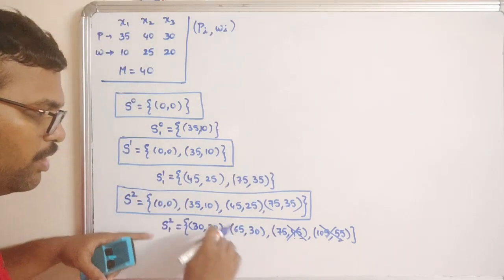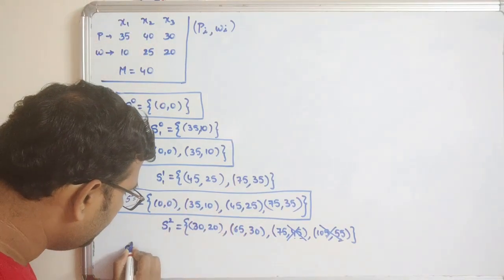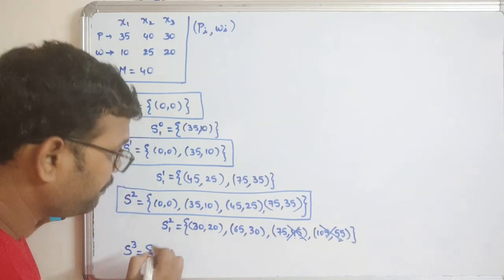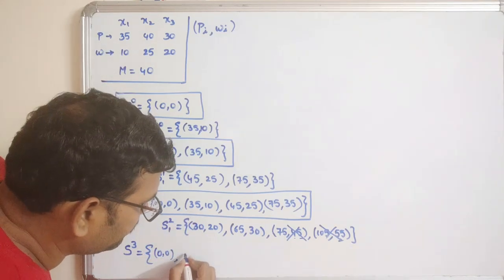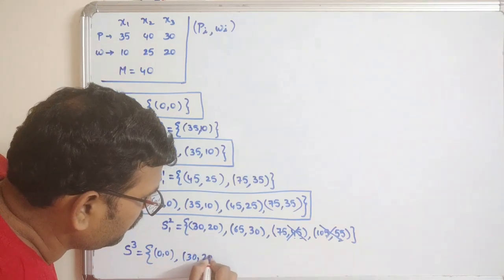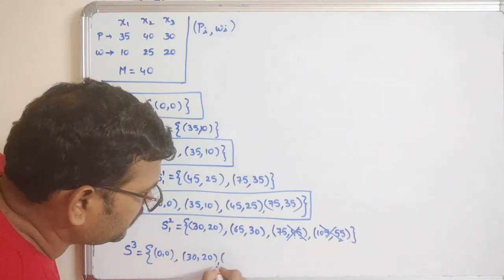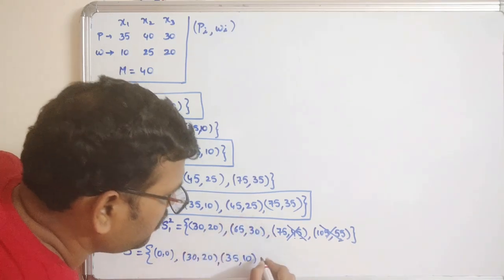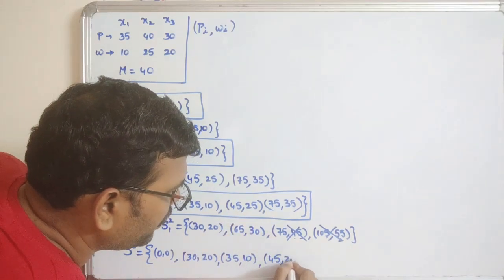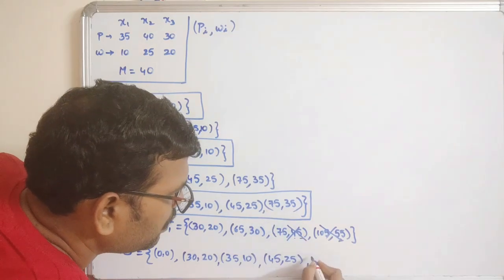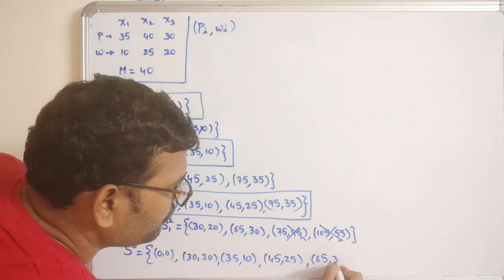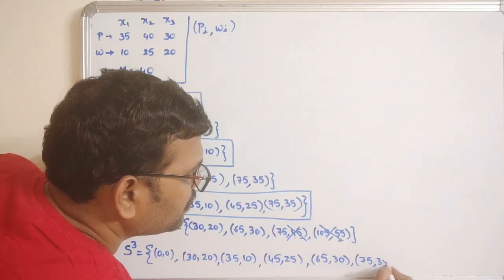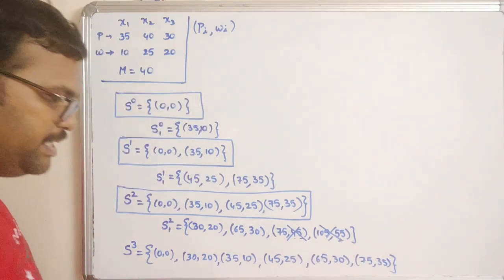And now we can consider only these terms, that is S3, so 0, 0 and 30, 20. 30, 20, next 35 and 10, 45, 25, 65, 30, 75, 35.